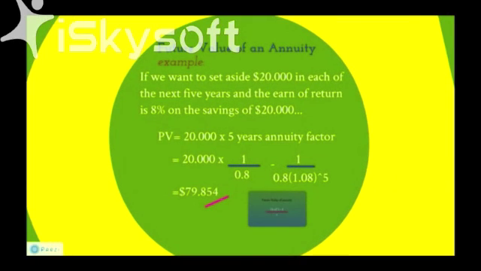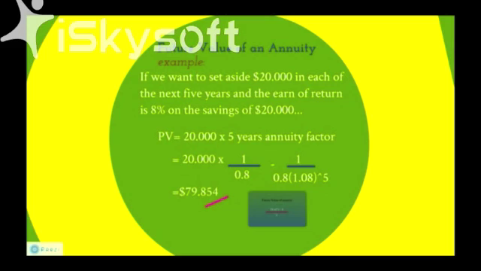Future value of an annuity. Example: if we want to set aside $20,000 in each of the next 5 years, and the return is 8% on the savings, the future value is $20,000 times the 5-year annuity factor.